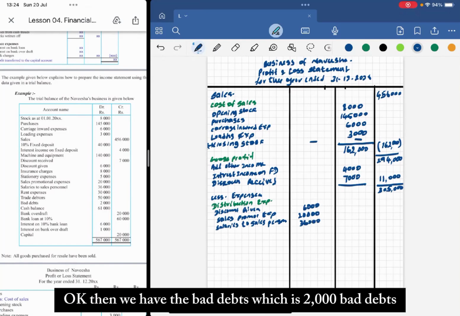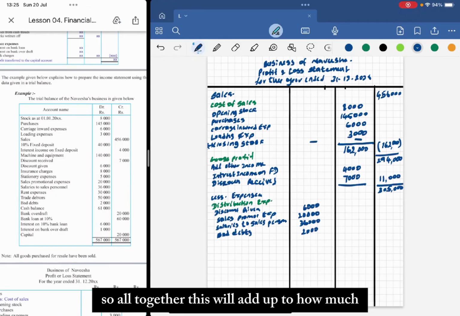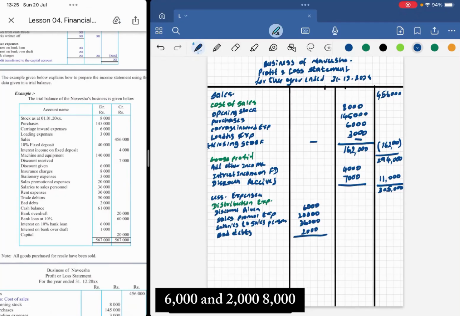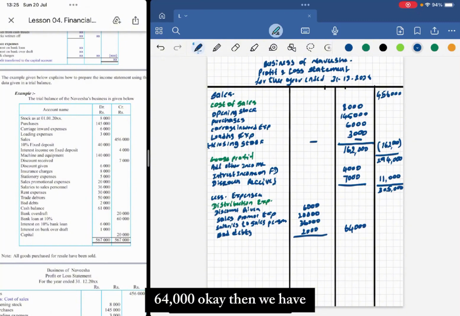Then we have the bad debts, which is 2,000. So altogether, this will add up to how much? 6,000 and 2,000 is 8,000, plus 20,000 is 28,000, and 28,000 plus 36,000 is 64,000.